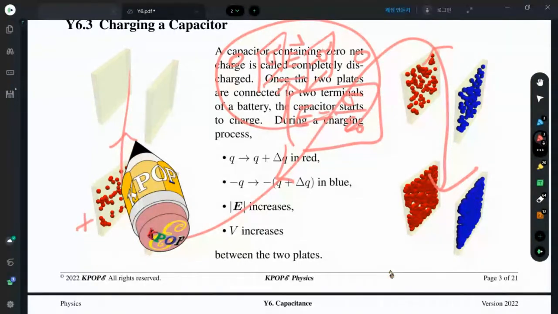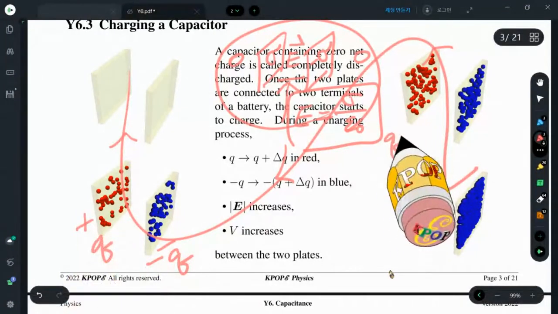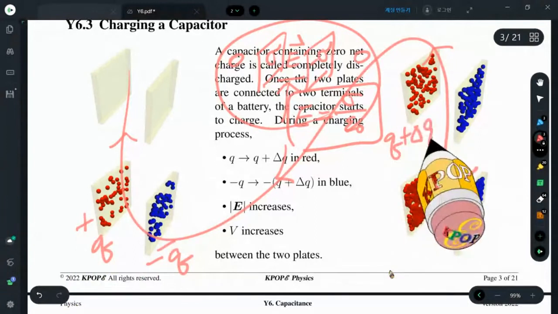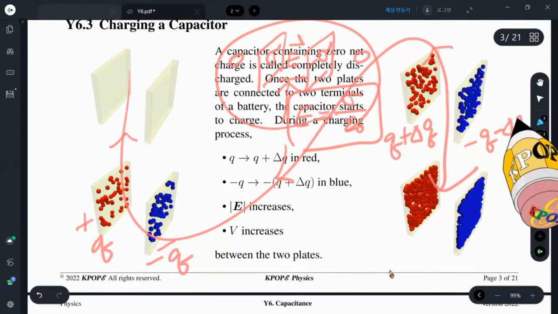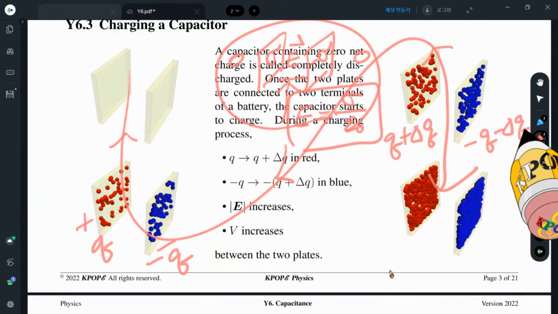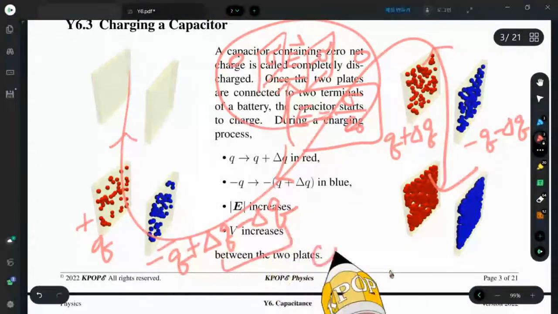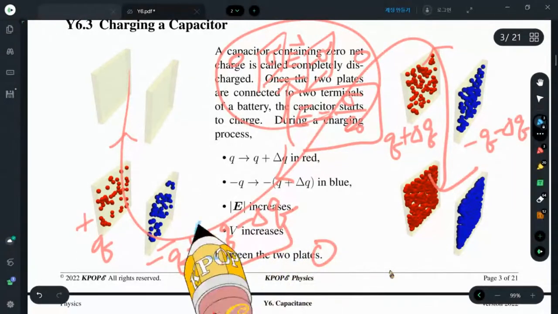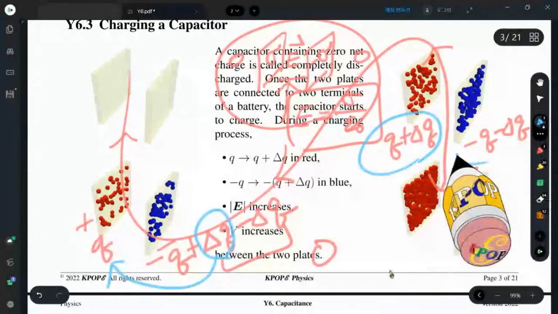You will find if there is a charge Q and minus Q, and you increase the amount of charge from Q to Q plus delta Q, then the other side will reach minus Q minus delta Q. This process can be understood as additional charge plus delta Q and minus delta Q. Let me bring this one to here. Then the final result is like that.